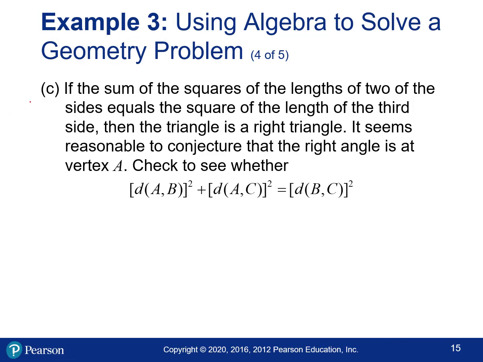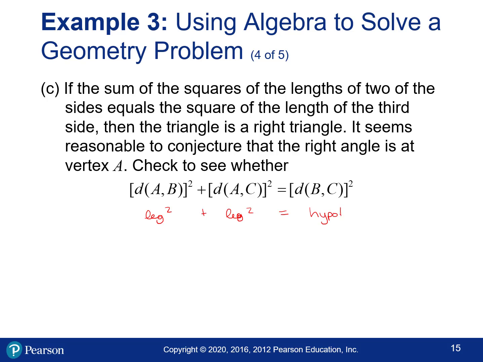Okay, so now we're on to part C. And if you remember what part C asked, it said, is this really going to be a right triangle? So this is a bit wordy, but basically what it says is if you have a right triangle, we know that one leg squared plus the other leg squared equals the hypotenuse squared.